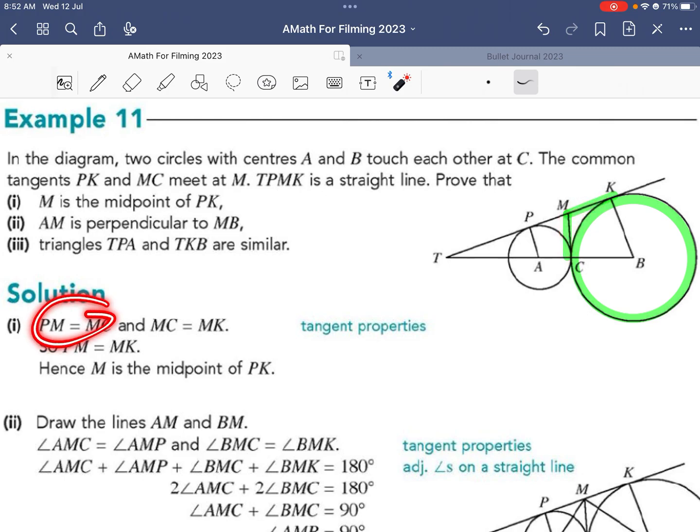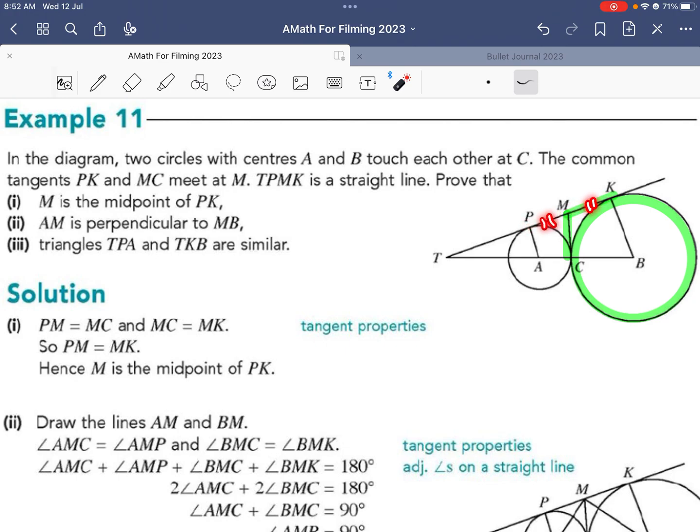So I can write PM equals MC and MK equals MC. Since MC is common, PM is equal to MK.